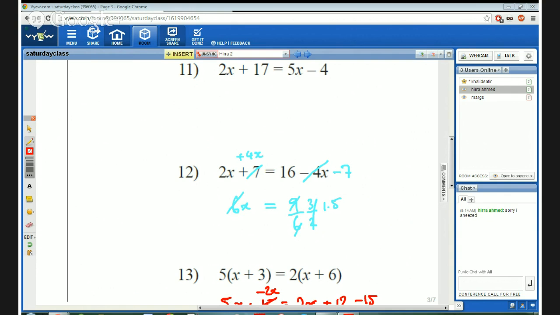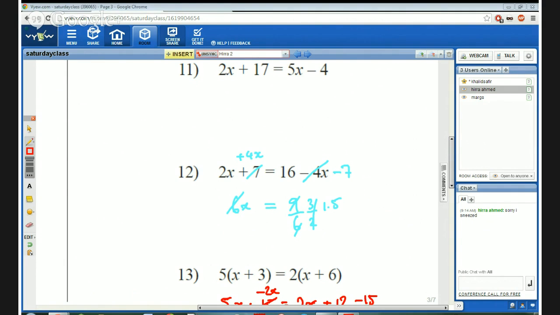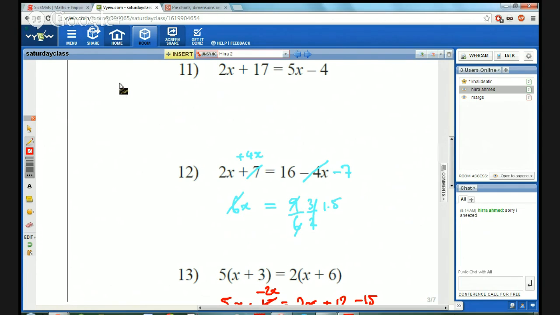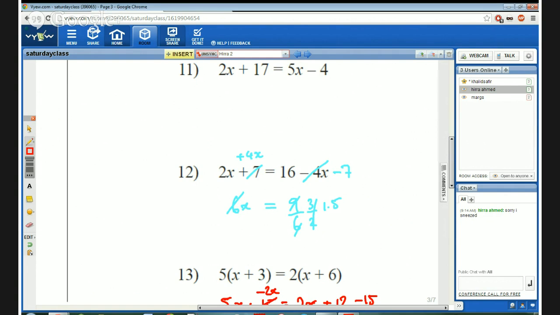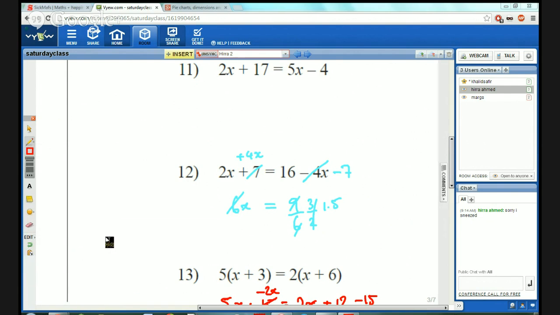Okay, so actually I'm just gonna check. Why don't you check with me, Hira? I'm just gonna open another browser so it doesn't disturb stuff. How do I open another browser? New window? Yeah, new window.